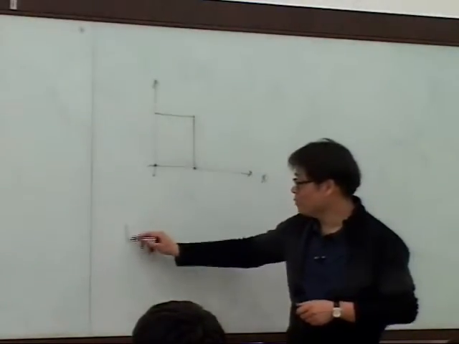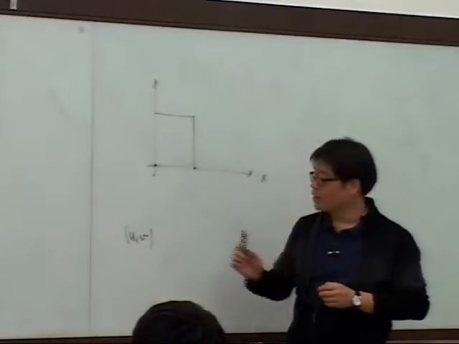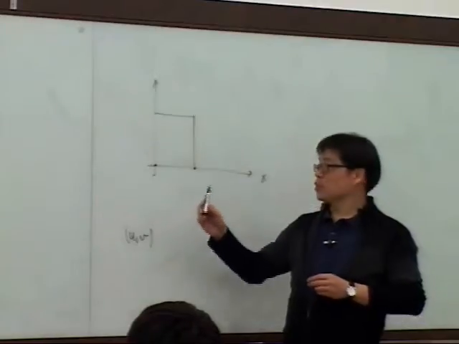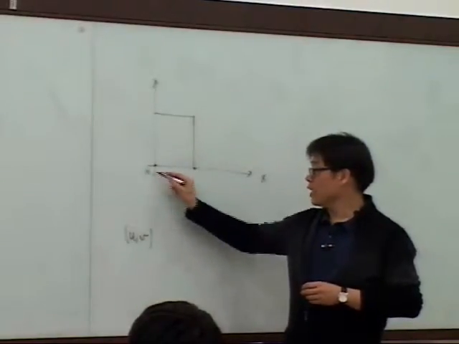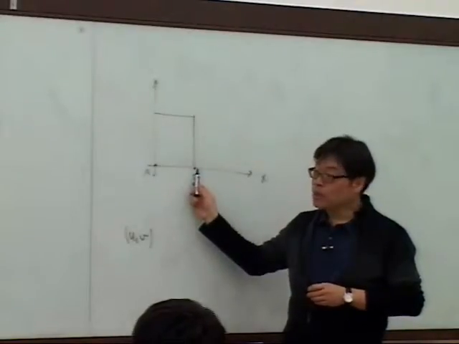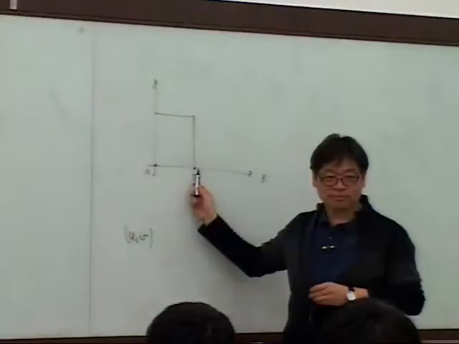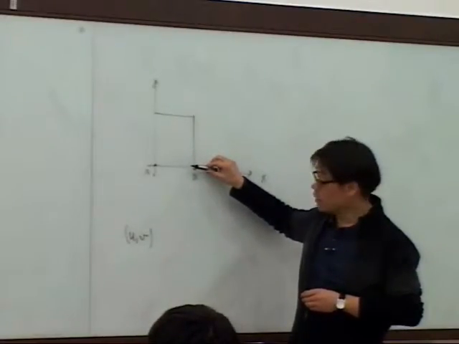So each fluid particle has a u and v component. U depends on y. If I look at these two, let's call them points A and B, these two have the same u velocity, so they will move like this.